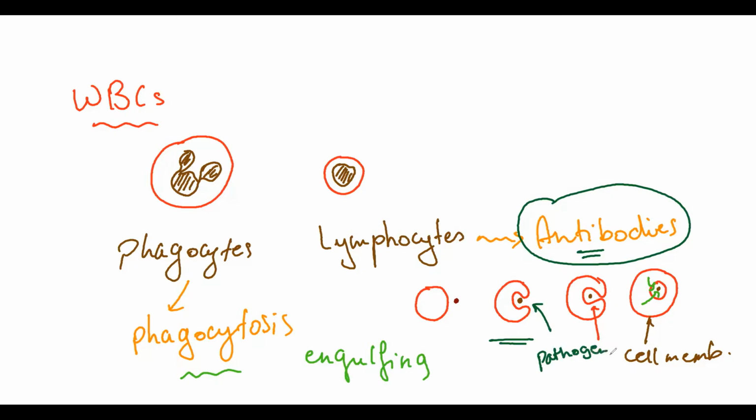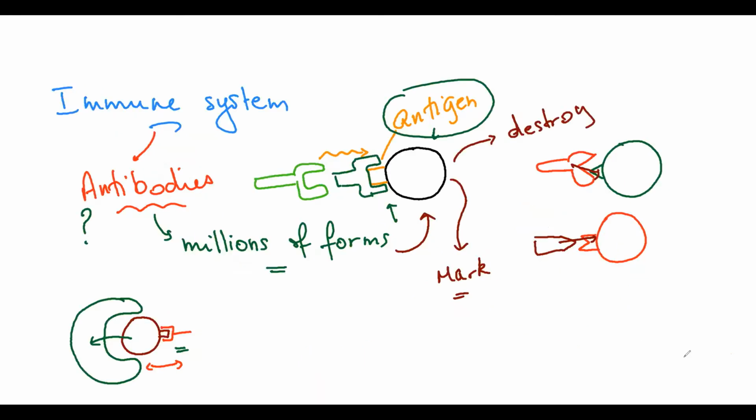But if this foreign body is labeled with an antibody, both of them are going to be destroyed. This is how the antibody works, either by destroying the whole pathogen or labeling the pathogen so the phagocytes can come and destroy it. So in all conditions, the pathogen will be destroyed.